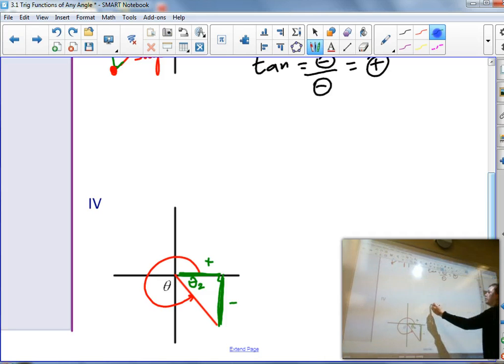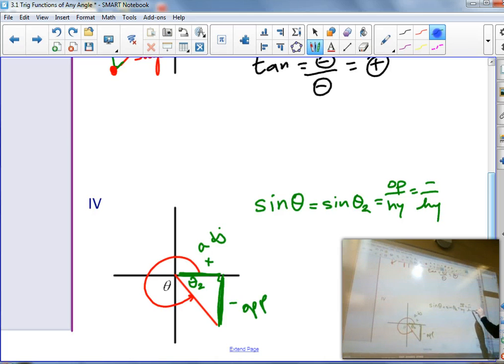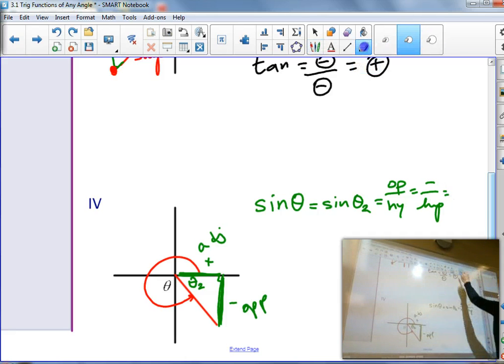So, Arlen, remember, we wrote this on the other page. I didn't write it up here. The sine of the theta that I want is equal to the sine of the reference angle, theta 2. And in this case, my opposite is here. My adjacent is here. So my opposite side is negative, so my sine is going to be negative.